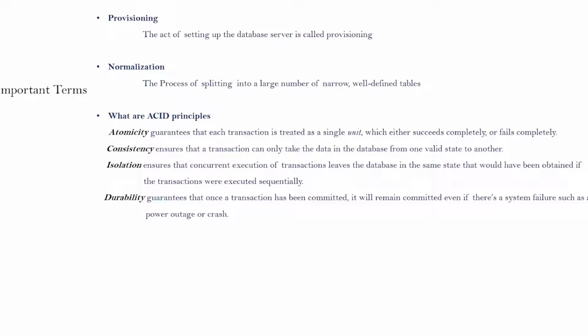Your data should remain stored as it was in the previous stage, before the crash. So that's called durability. Cumulatively, these are the four principles called ACID, and it's very important in terms of databases.